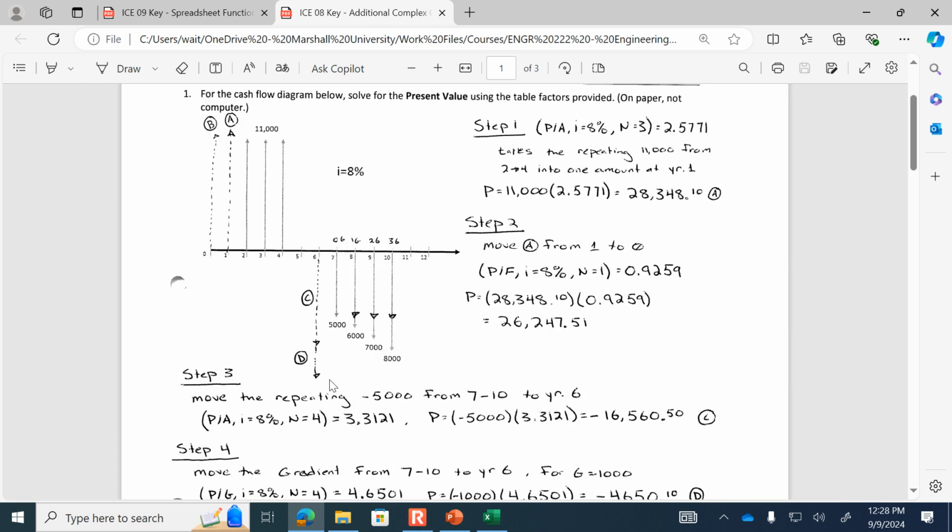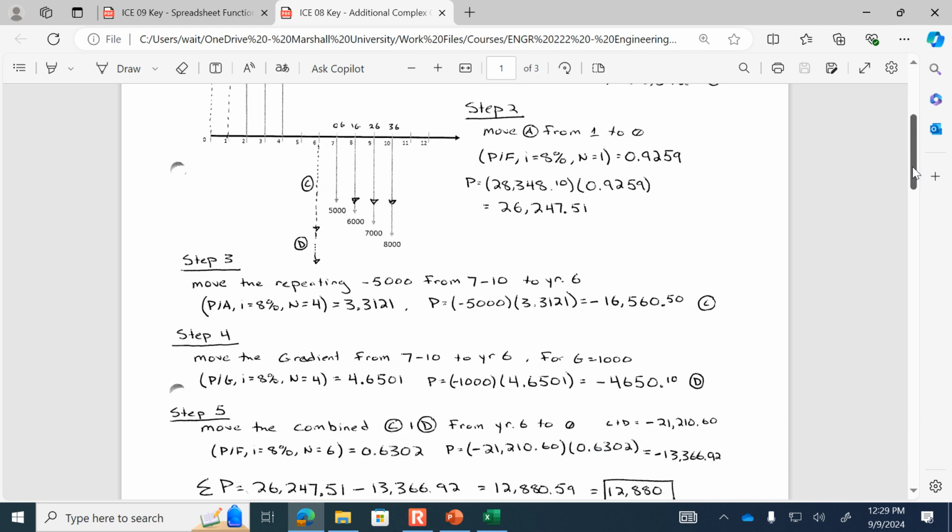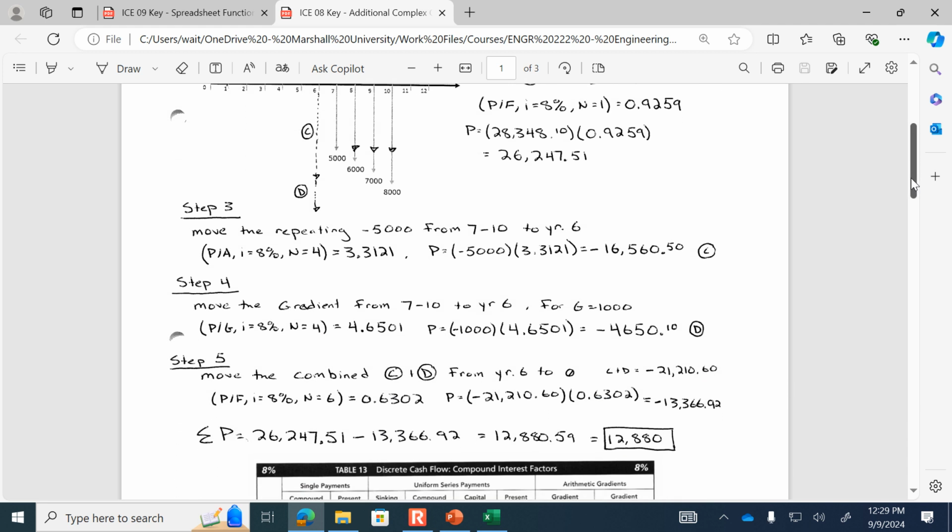And so the first thing I did was I took the annual series and turned it into this arrow, which I'm labeling as arrow C. And that should be negative 16,560. And then the gradient part of it is being discounted to this lump sum that I'm calling arrow D. And so arrow D has a value of 4650 as an outflow, so minus sign there.